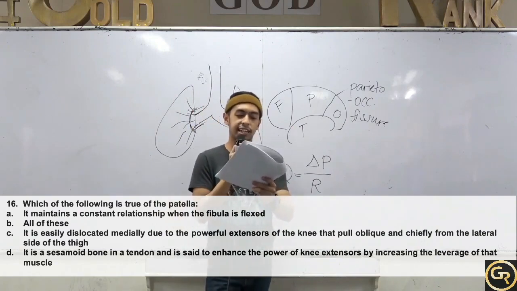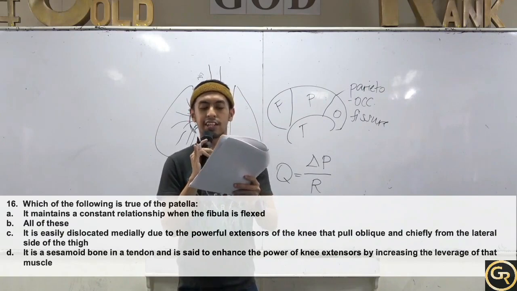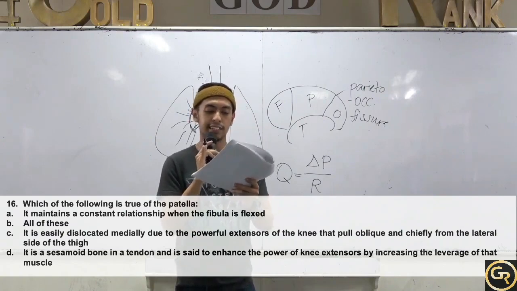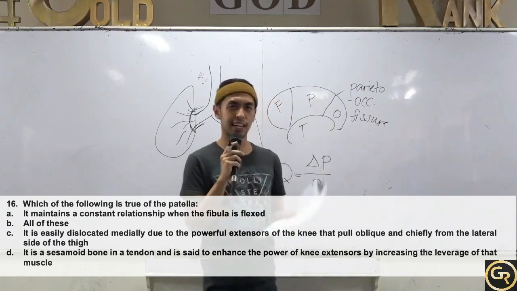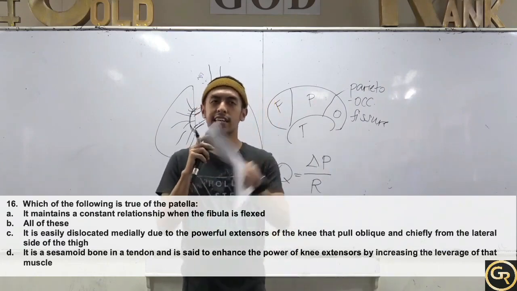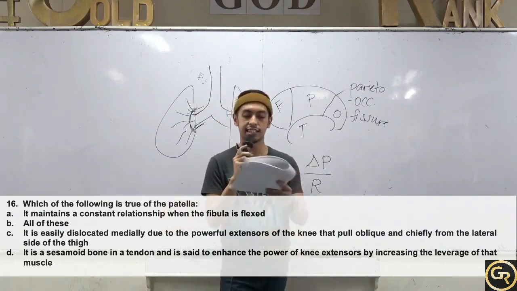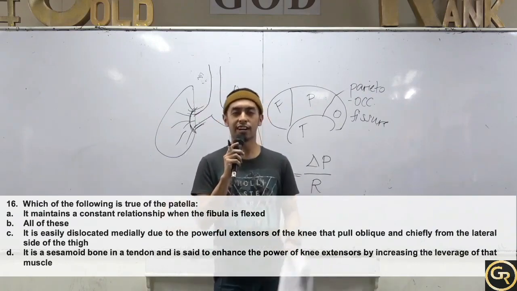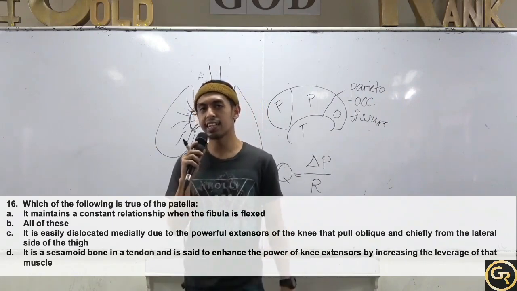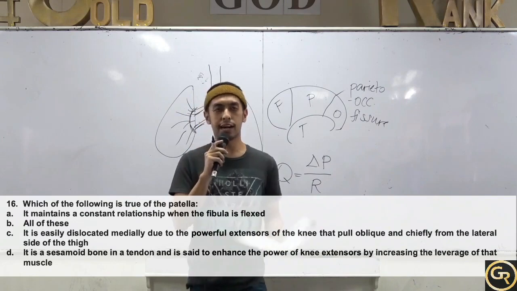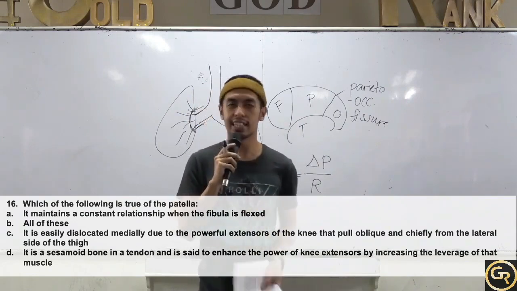What else? It is easily dislocated medially due to the powerful extensors of the knee pulling obliquely and chiefly from the lateral side of the thigh. This is also wrong. The common direction of patellar dislocation is towards the lateral side. If, for example, the VMO of your quadriceps is weak, the tendency is that the patella will not be stabilized appropriately, therefore it shifts towards the lateral side.